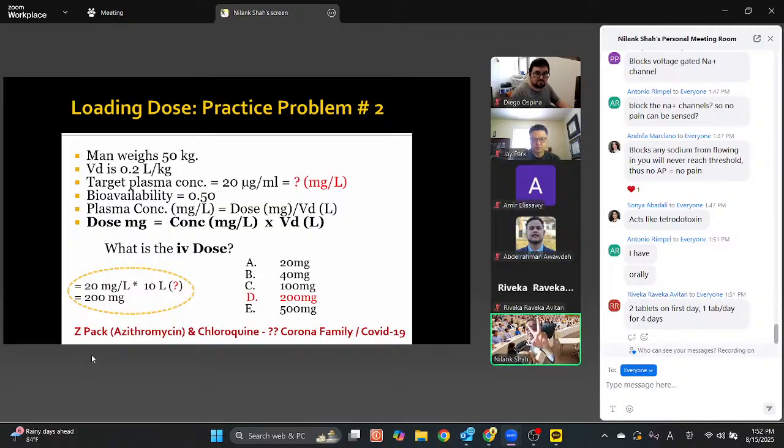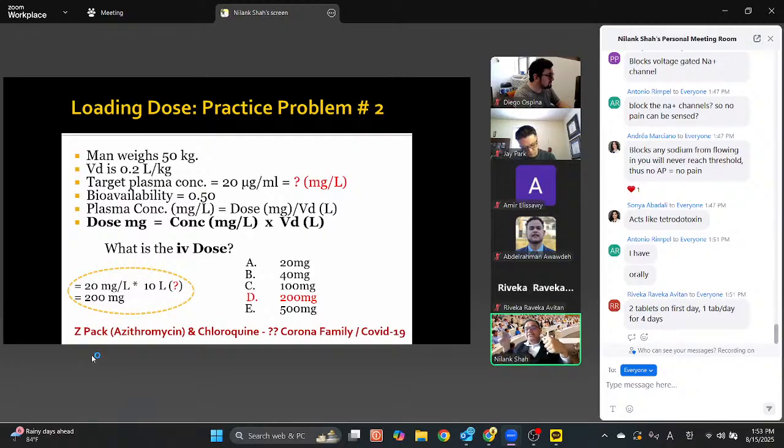So on the first day we advise patients to take 2 tablets at the same time, concurrently. Each tablet is 250 milligram, so the total dose is 500 milligram, and that is called the loading dose of azithromycin.